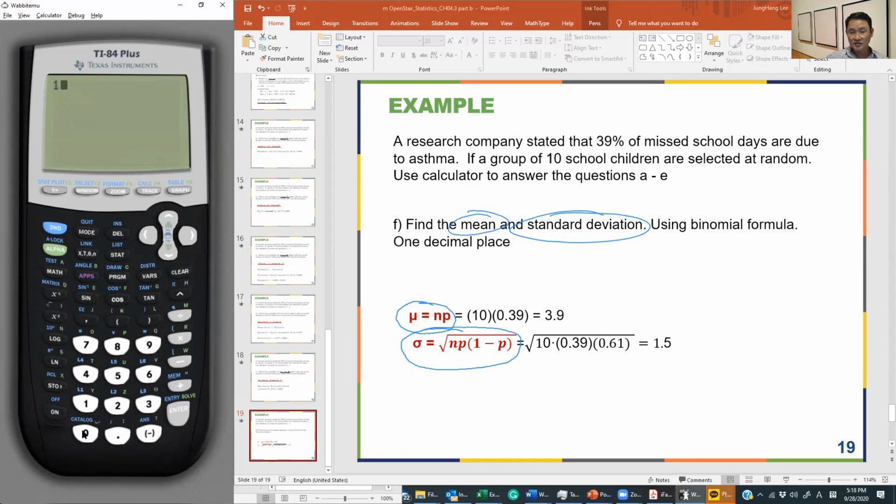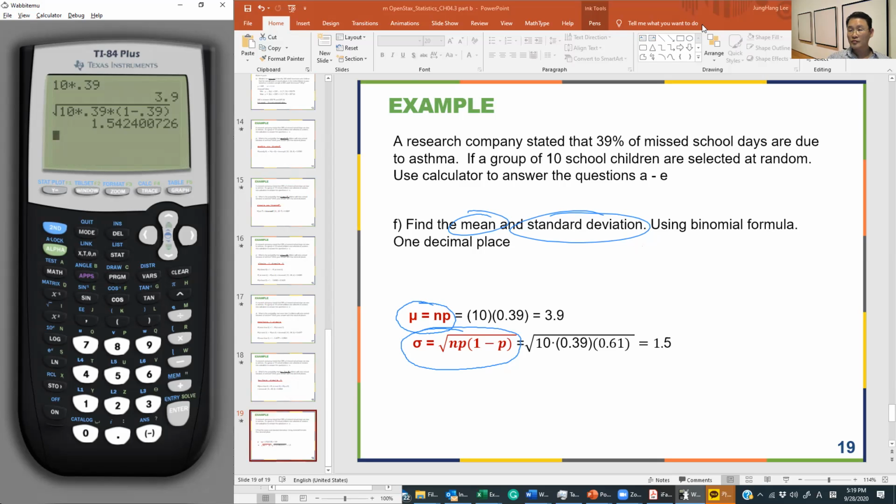For the mean, that's easy: 10 times 0.39 is 3.9. For the second, square root, 10 times 0.39 times, I can write it exactly like this, open it up, 1 minus 0.39, and close and enter. It says 1 decimal place, so we're going to cut it right here, drop the 4. It's just going to be 1.5, just like that.